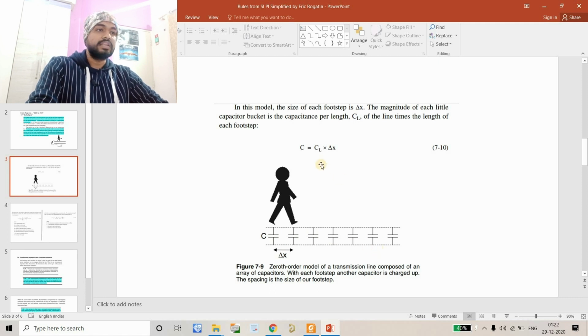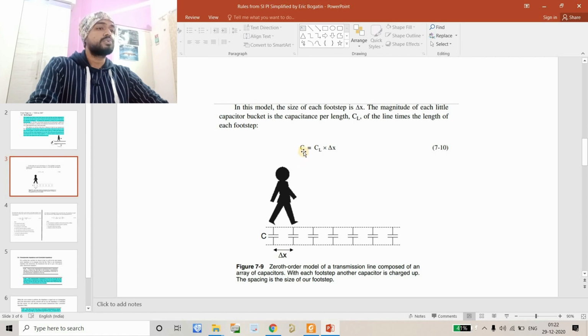Here we can see 3 unknown terms: C, CL and delta X. CL is the capacitance per unit length, delta X is the length of one step or one footstep that we take as we walk through the transmission line, and capital C is the capacitance of one footstep.